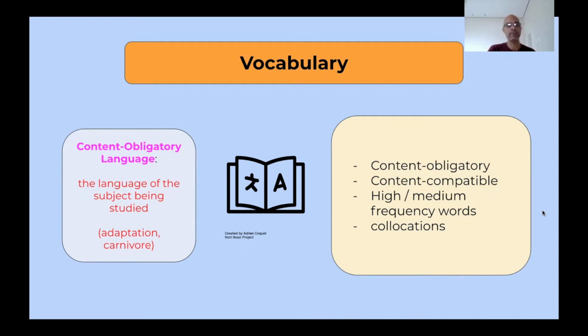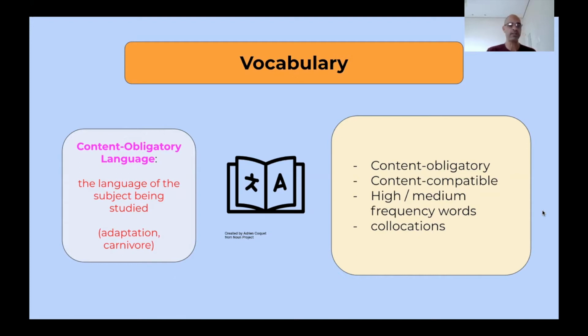Right? So I may be talking about types of rocks when I'm teaching geology or geography. I may be talking about different classes of animals if I'm teaching biology. I may be talking about combinations of chemical elements and specific names for these combinations if I'm teaching chemistry. In this box that contains an example or the definition of content obligatory language, you see two words, adaptation and carnivore.